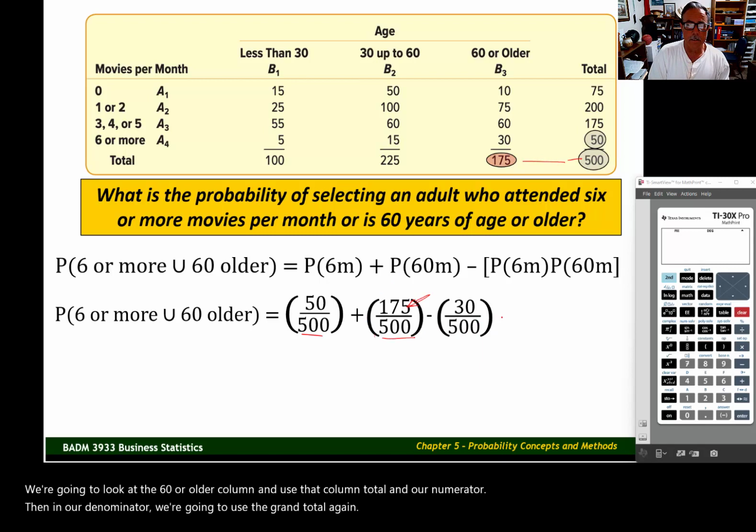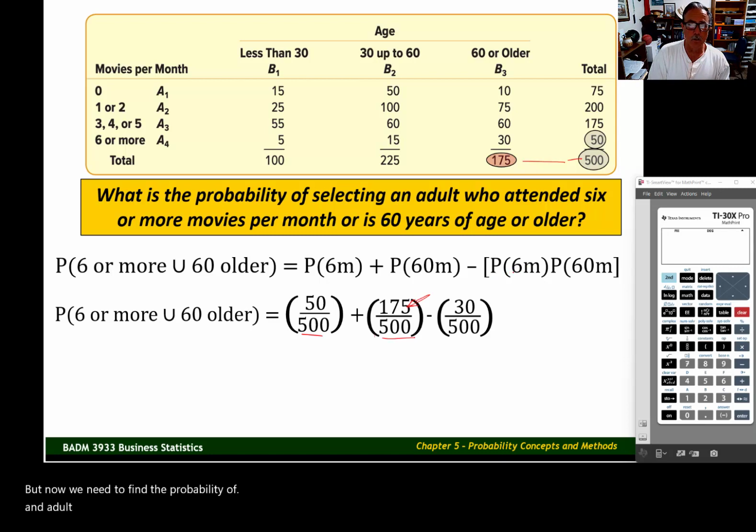But now we need to find the probability of an adult that sees 6 or more movies a month and is 60 years of age or older. There is the number that corresponds to 60 or older and 6 or more movies per month.